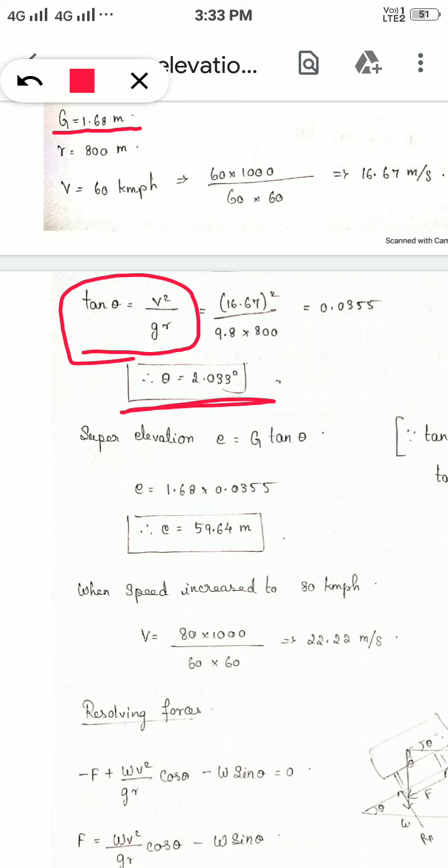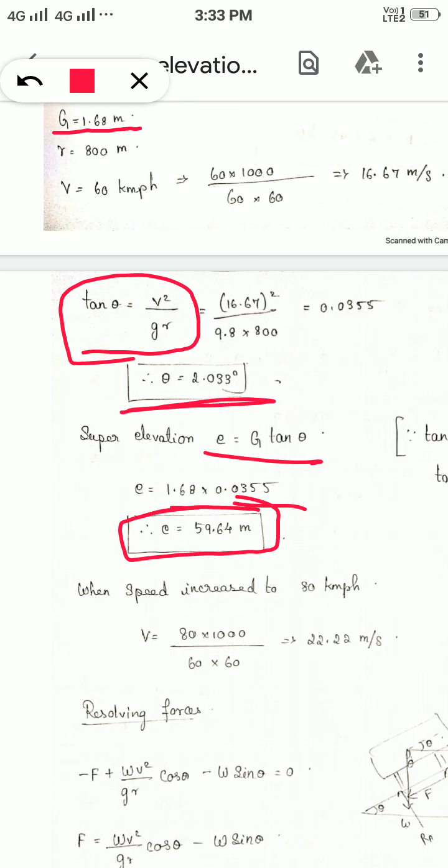So we can easily find out what our E value is, that is super elevation. What is the formula to find the super elevation? Tan theta is equal to E divided by G. This is your equation. So E can be calculated using E is equal to G into tan theta. Substitute your G value, tan theta value, and find out what your E value is.